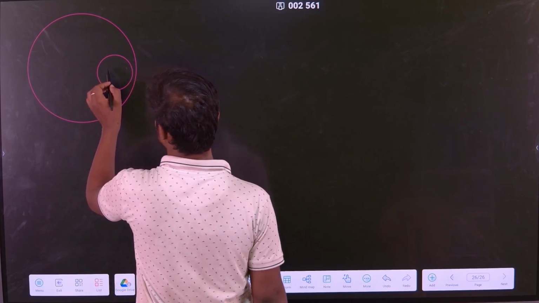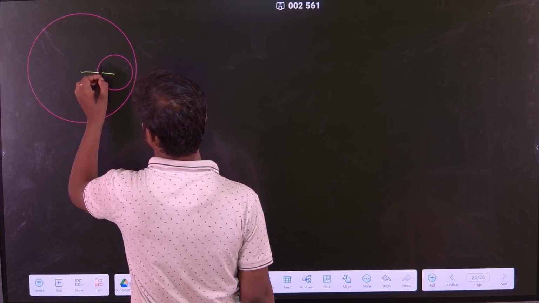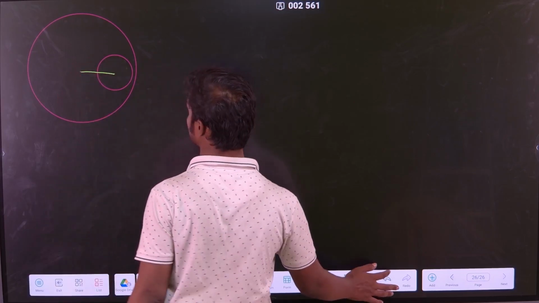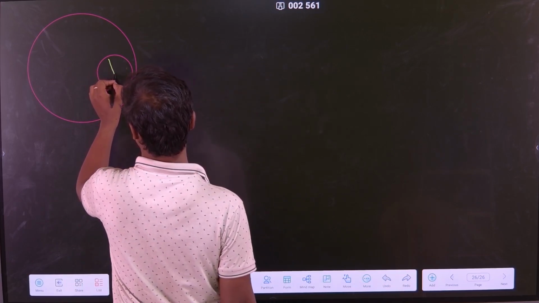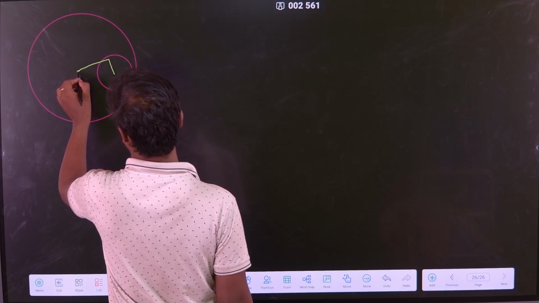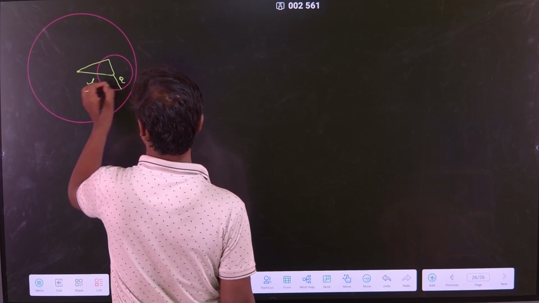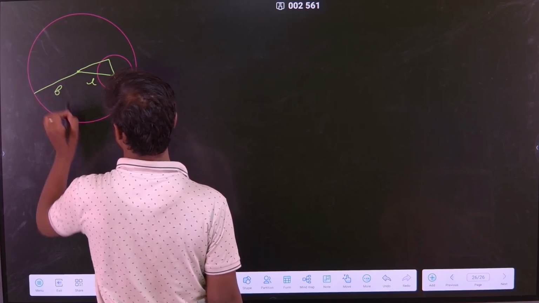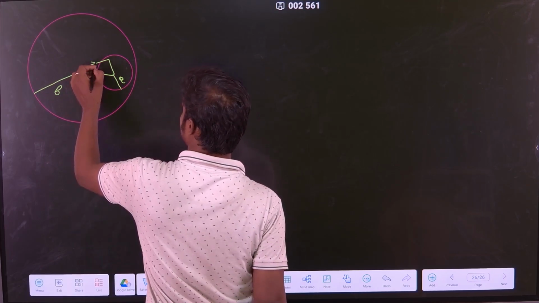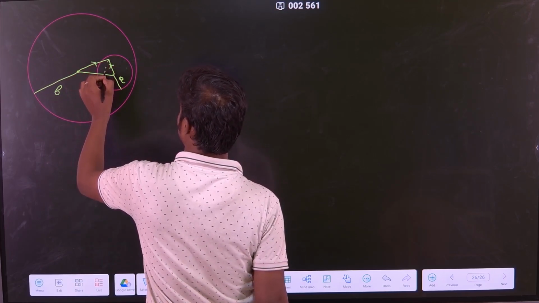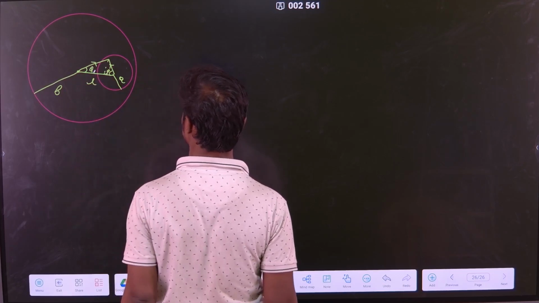So I am saying you just take the two centers. The distance between the two centers is like this, this distance is L, this radius is A, and this radius is B. That is what is given. This is theta 1, theta 2.